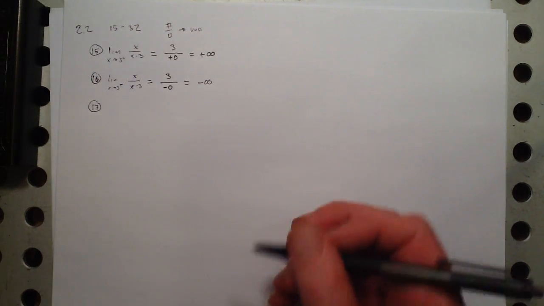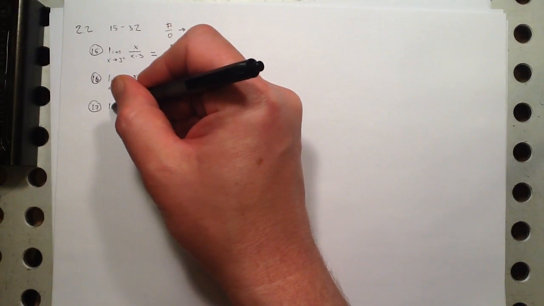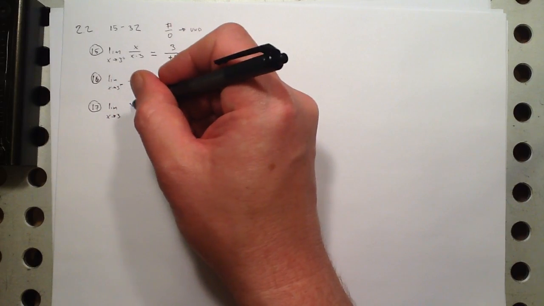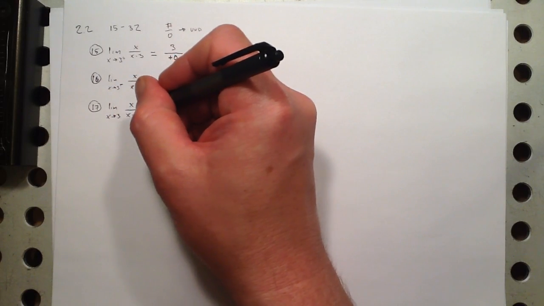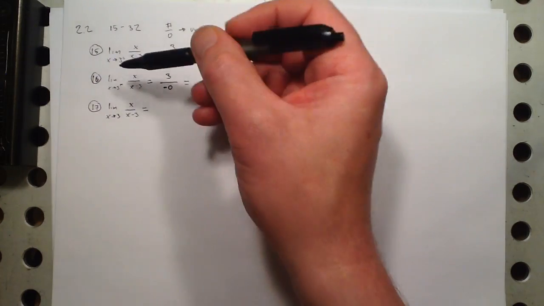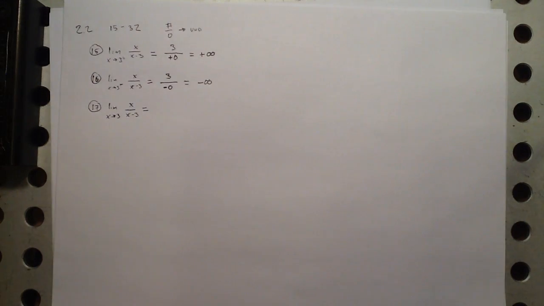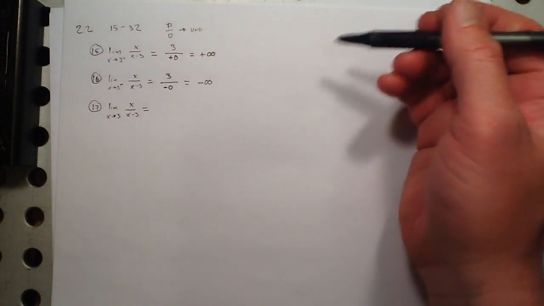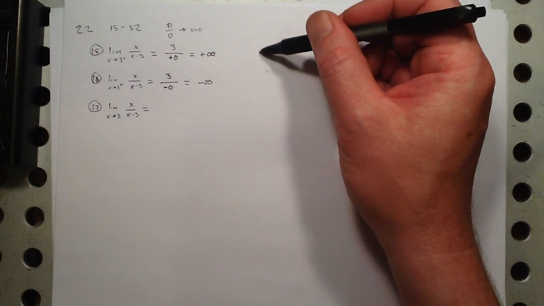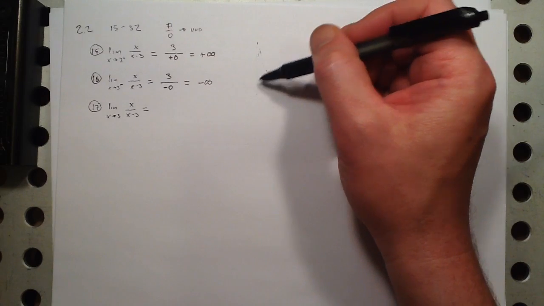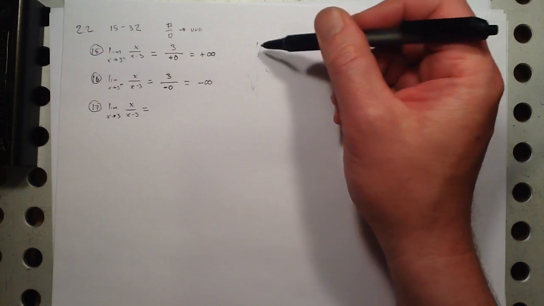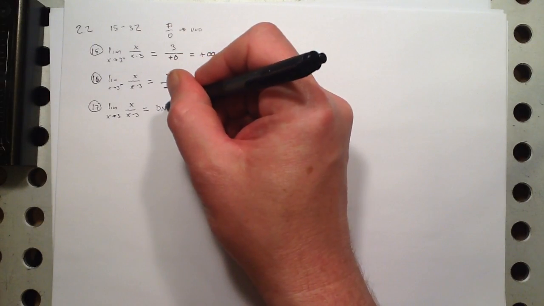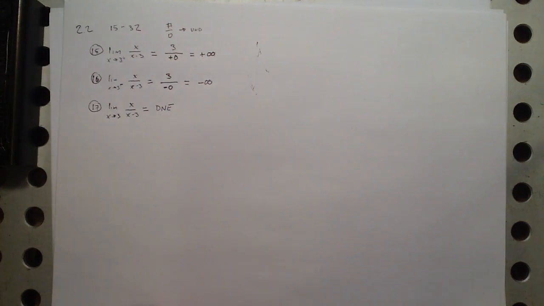And then to bring it all home here, they're going to ask us, how about if we don't specify which side? So we check both sides. We have a positive infinity and negative infinity, so that means if I graphed this, I'd be approaching a vertical asymptote up on one side, down on the other, positive infinity on one side, negative infinity on the other side, so that limit does not exist.